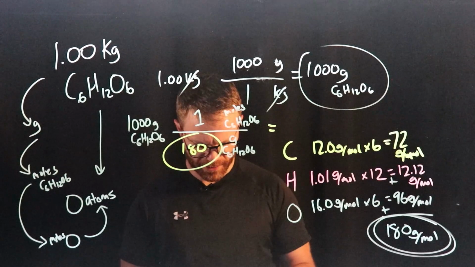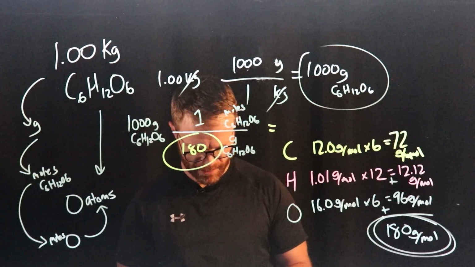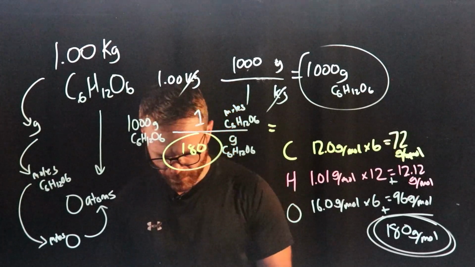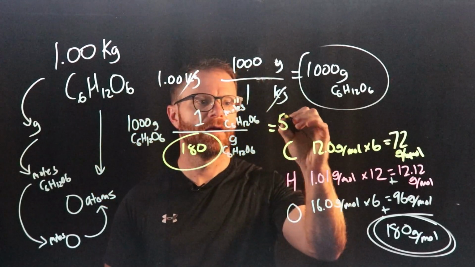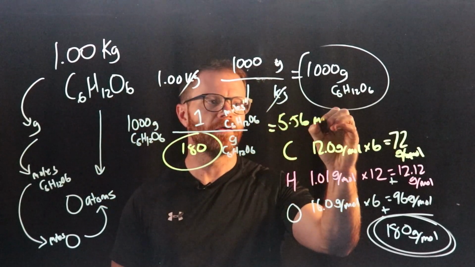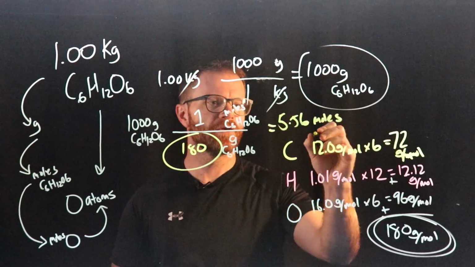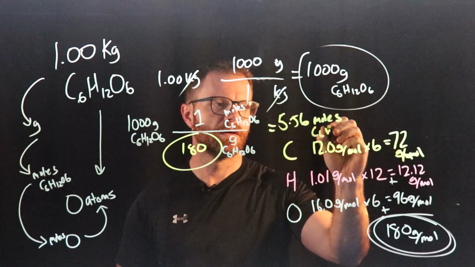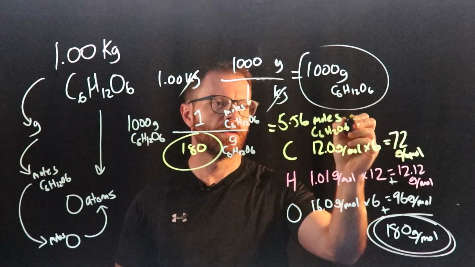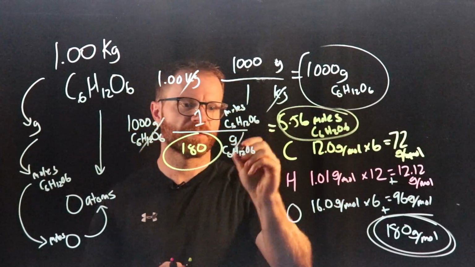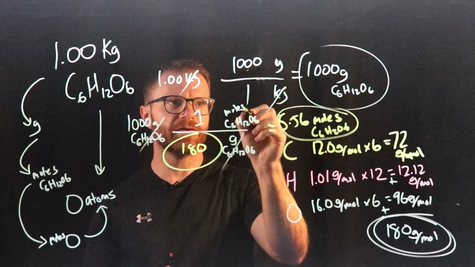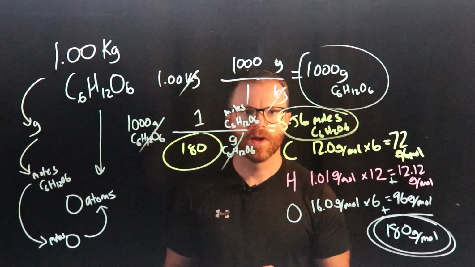Let me plug that into a calculator. 1,000 divided by 180 equals 5.56, we'll call that, moles of glucose. Grams of glucose cancels with grams of glucose, leaving the final unit moles of glucose.